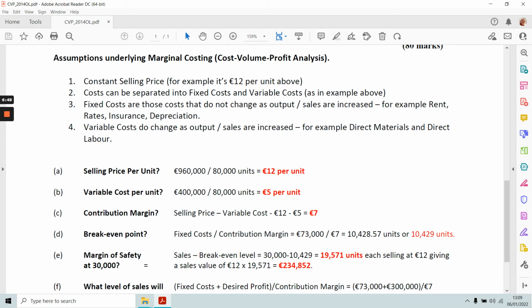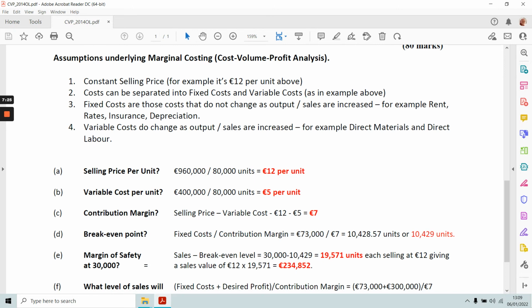Okay, so this question is telling us now that if we can sell 10,429 units, we will break even, meaning we will make neither a profit nor a loss. Part E asks us, what would our margin of safety be if we were to sell 30,000 units? Well, if we break even at 10,429 units, 30,000 units will send us beyond breaking even, and that's what our margin of safety is.